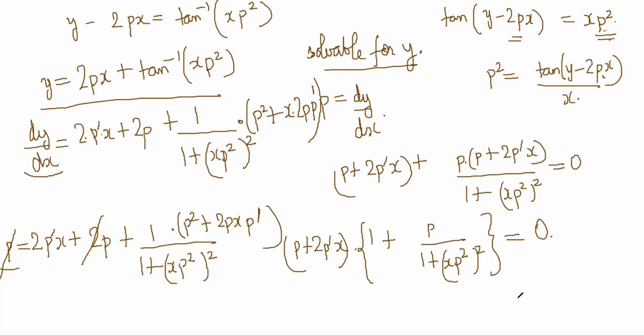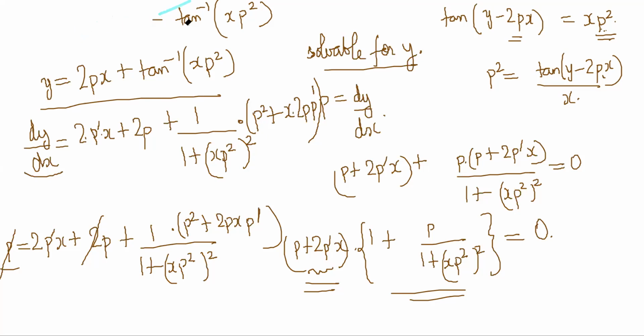Correct. So either this is 0 or this is 0, right? Then only the equation will be true. So this part is an easy solution, because you can just, okay, I'll just rub off space here.